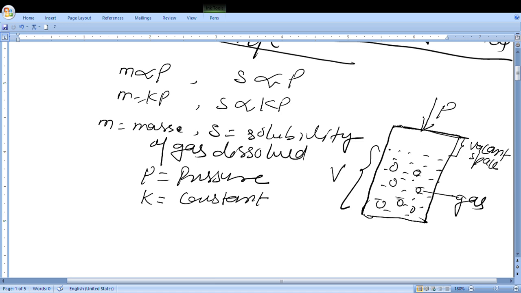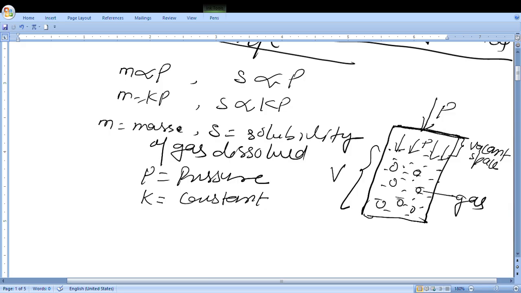But we are exerting the pressure on the lid of the container. Actually, this pressure is exerted on the surface of liquid. So this vacant space had gas in it, which because of high pressure gets dissolved into the liquid. Some gas is also there in the space.